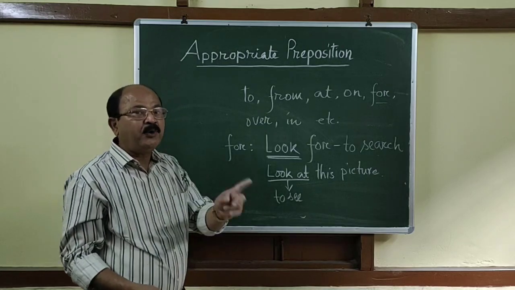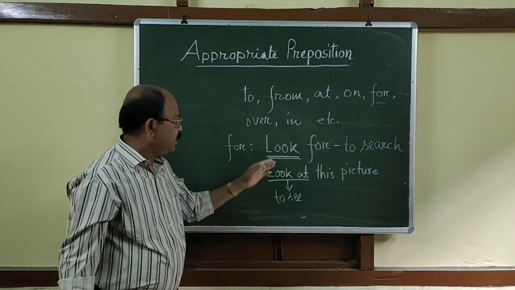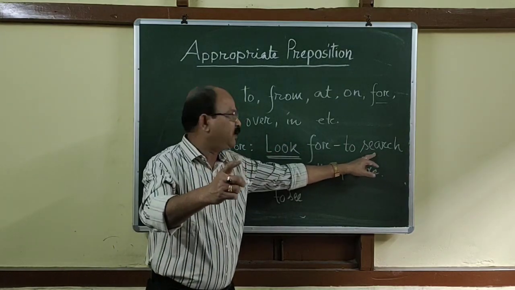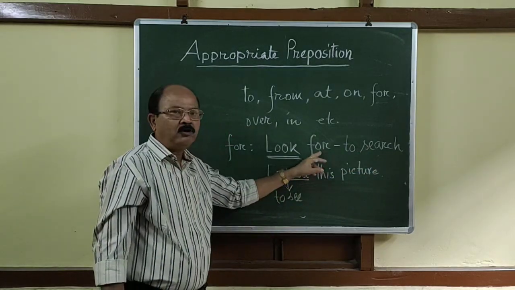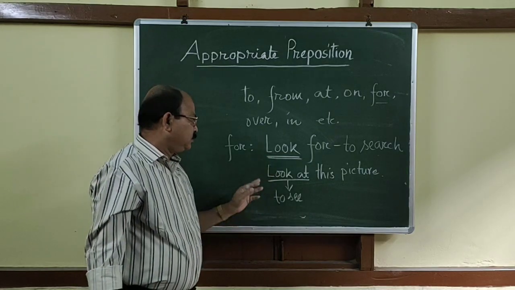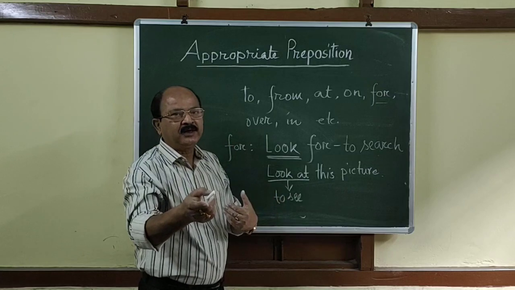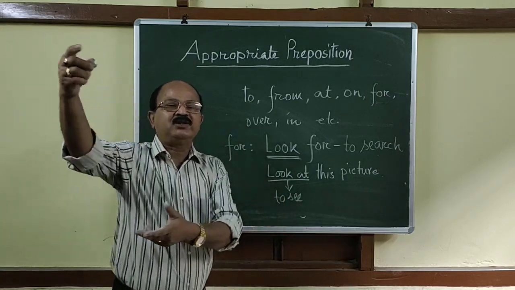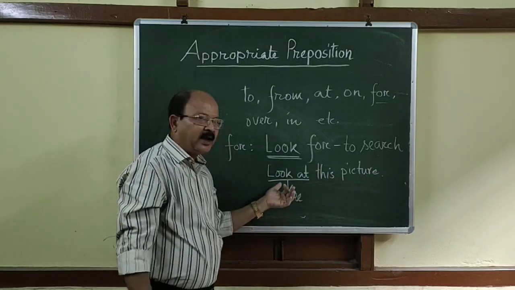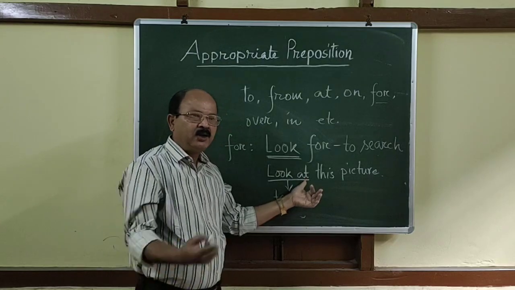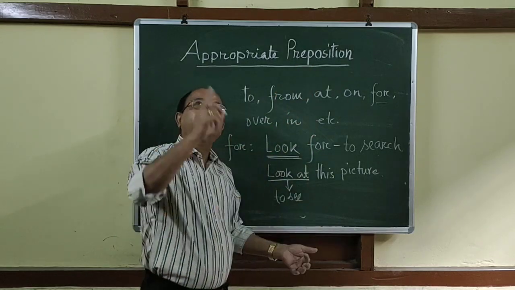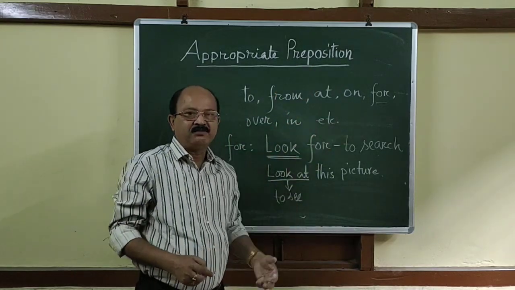This is called appropriate preposition because for a particular meaning, like to search something, we must use the preposition for after the verb form look. If I want to draw someone's attention to a particular thing that I am going to show, then I should use at, that is, look at the picture, look at the bird, look at the sky, to see something.